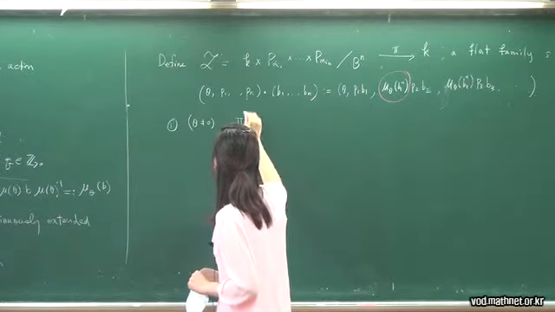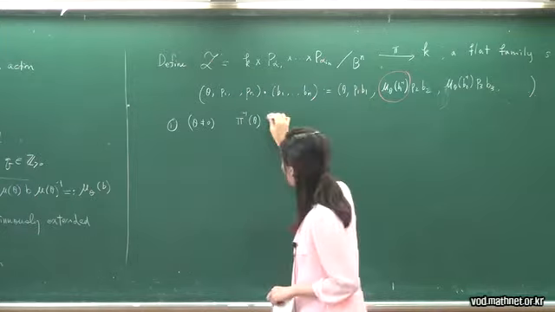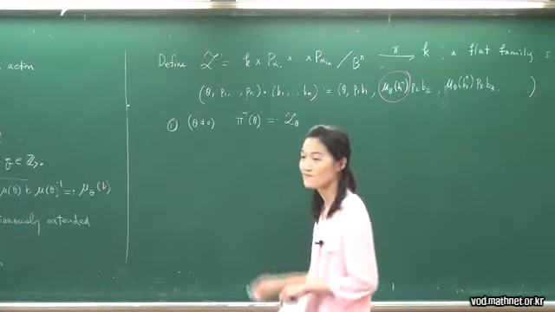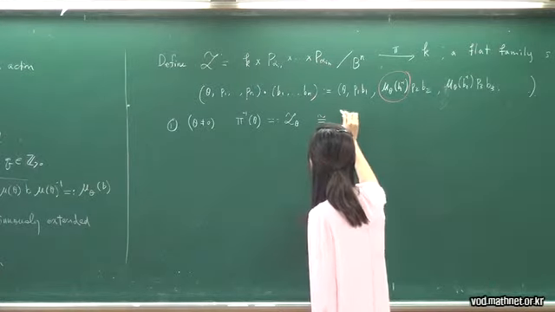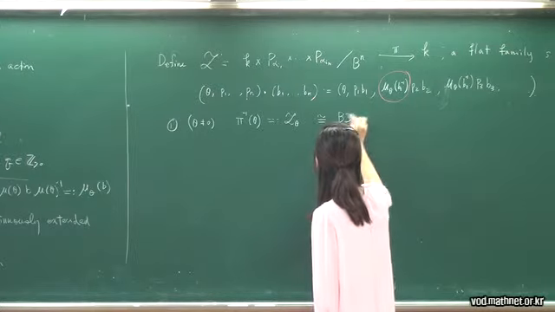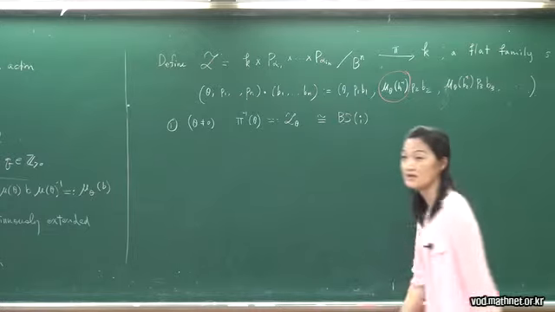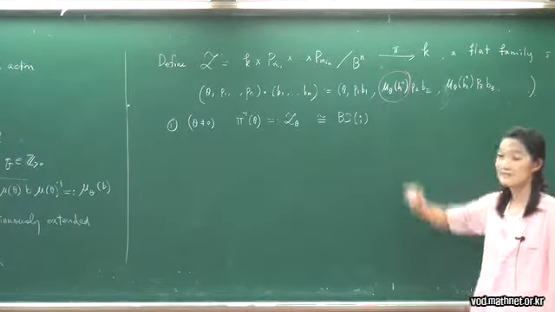If theta is non-zero, the fiber over theta, which I denote z theta, is isomorphic to the Bott-Samelson variety. This is easy to see: when theta is 1, it is just P1 inverse.